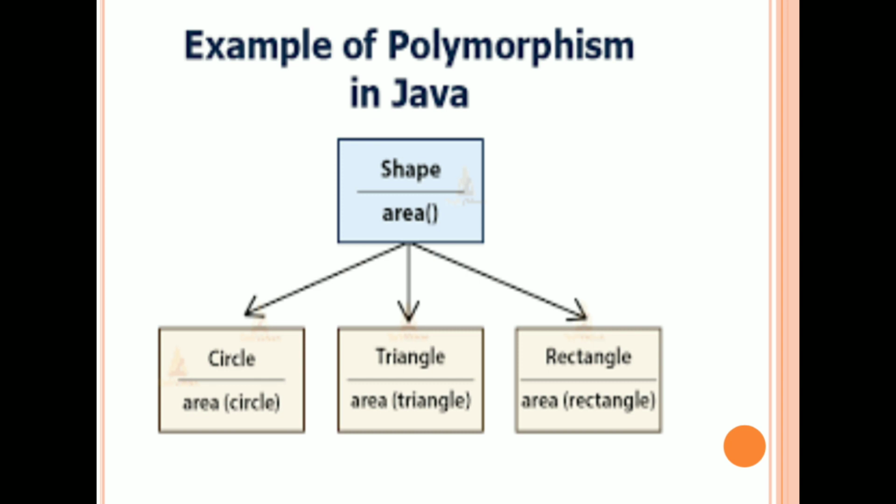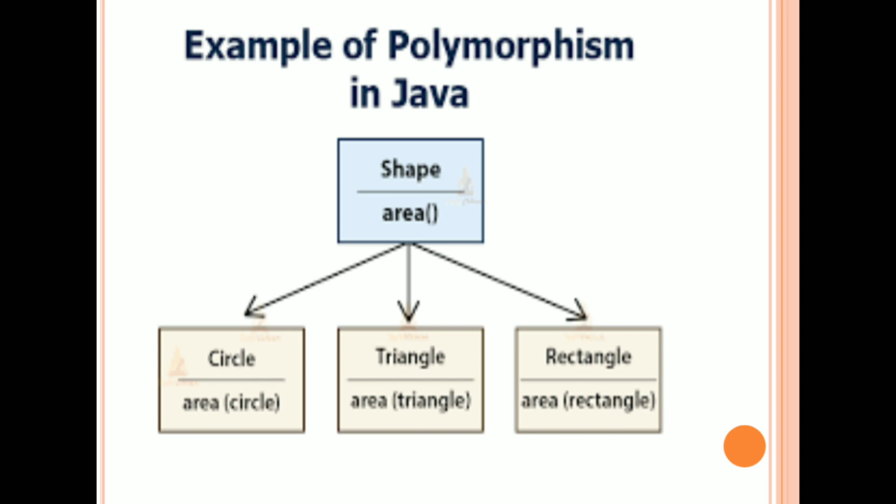So in the Circle class, area takes only one argument, and in Triangle, to find the area of the triangle, we need base and height, so it takes two arguments. And to find the area of a rectangle, we need two arguments again, length and breadth. So the method name is the same here, but the parameters are different.